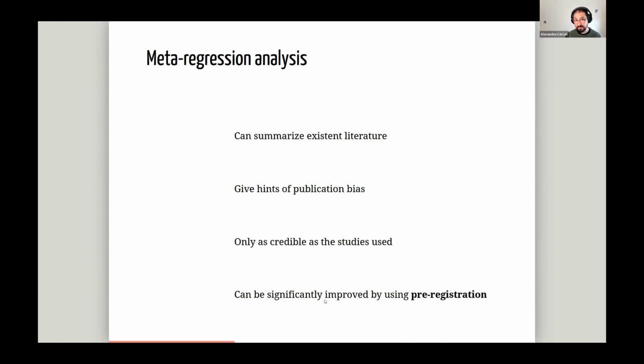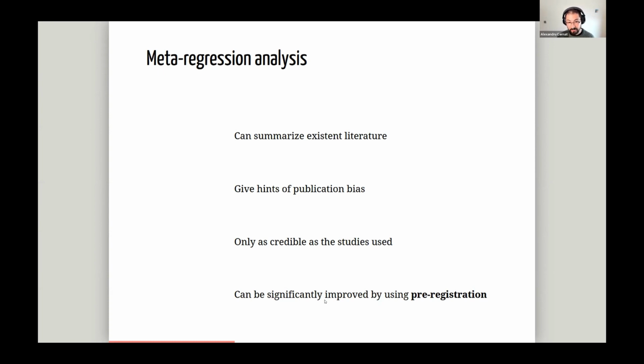But this doesn't solve all the problems we have. One issue is that it's only as credible as the studies that get published. So if we have issues like p-hacking, the file drawer problem, or publication bias, these will also be present in the meta-analysis. This does not solve that problem, and we need to look at other possible solutions.